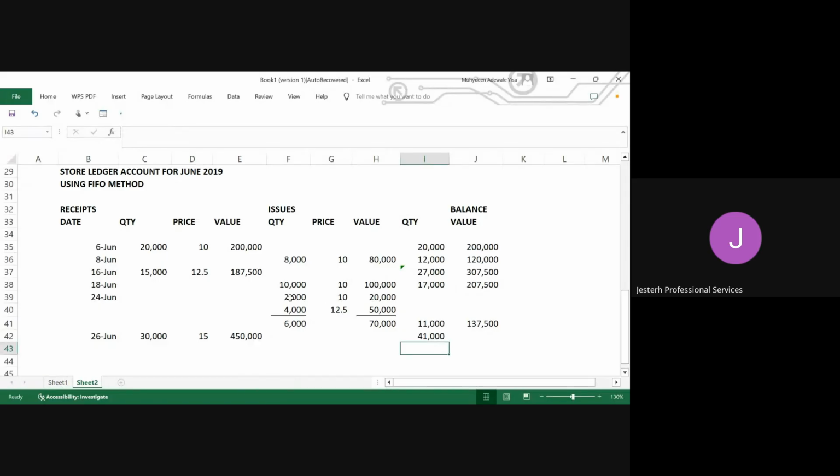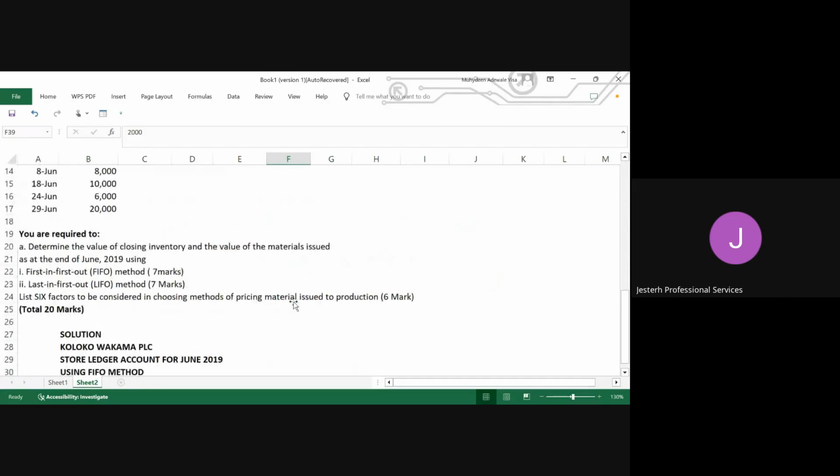side. I think this side might be confusing you people a lot. Now, remember this method. The one thing that you need to remember is what method did they ask us to use? This is from the requirement. Use first in, first out. The first in, first out approach says consider all the product that you have in stock first, regardless of the one that you are bringing in.